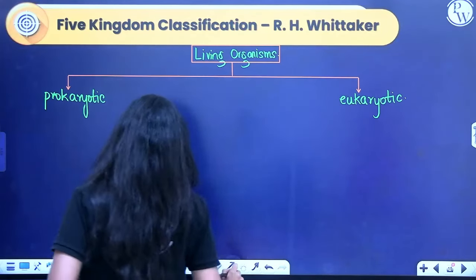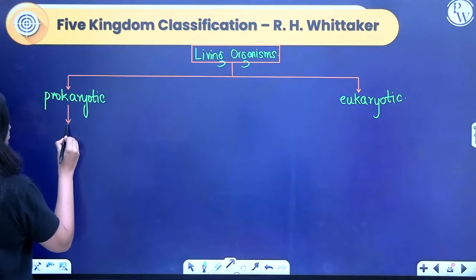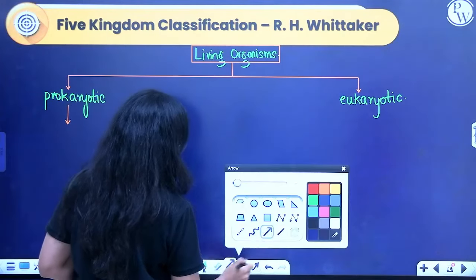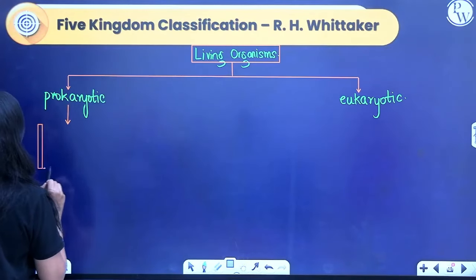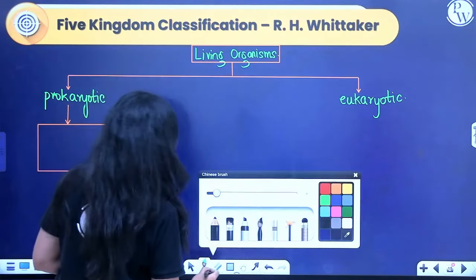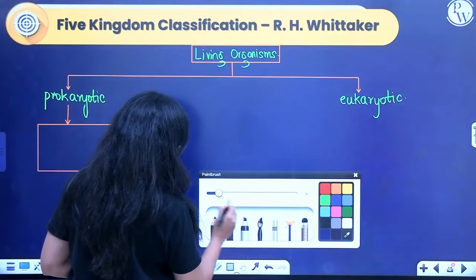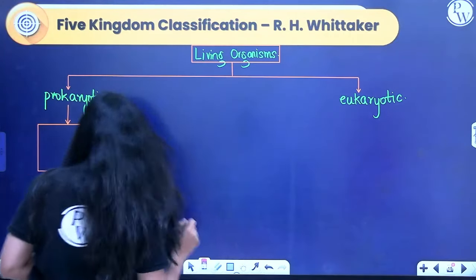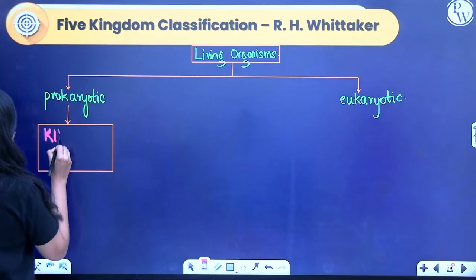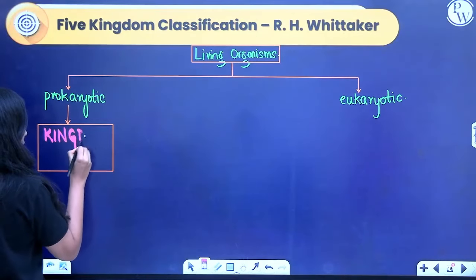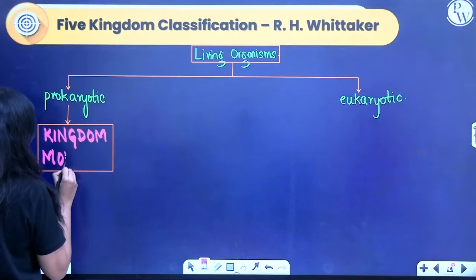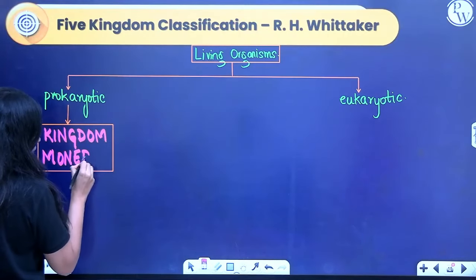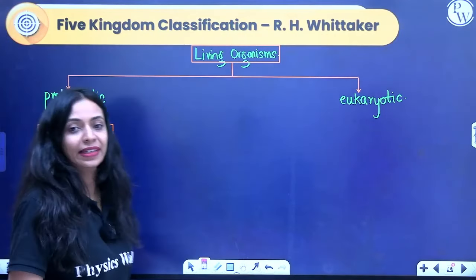If it is prokaryotic, then we are going to include that under kingdom Monera. Now what are we left with?